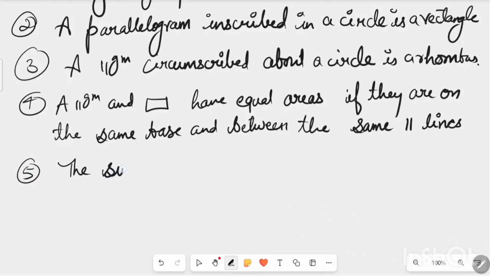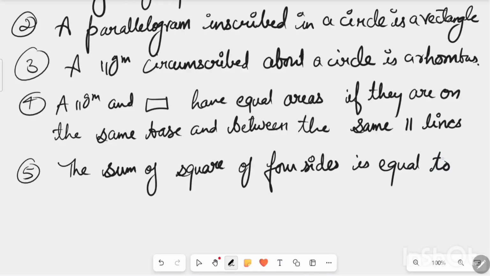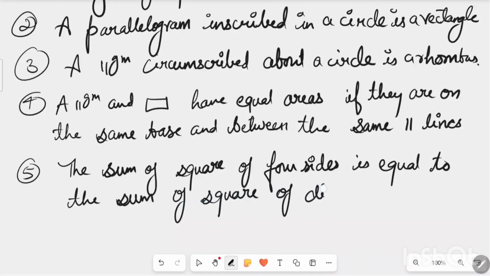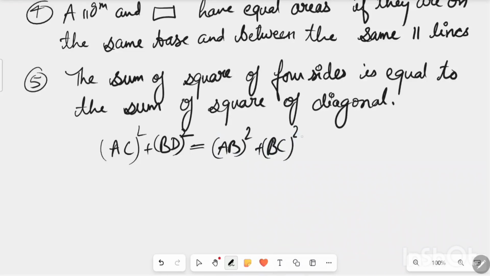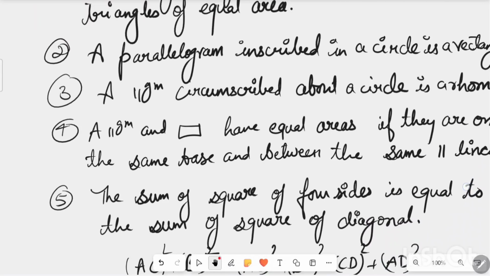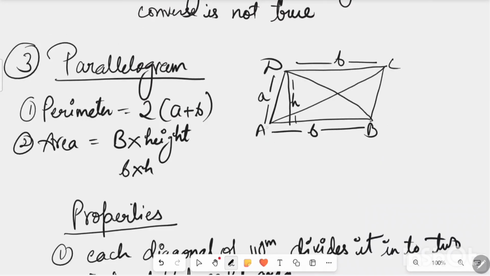The sum of squares of four sides is equal to the sum of squares of diagonals, which means we can say AC square plus BD square equals AB square plus BC square plus CD square plus AD square.